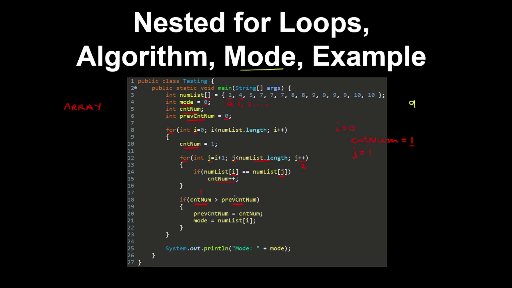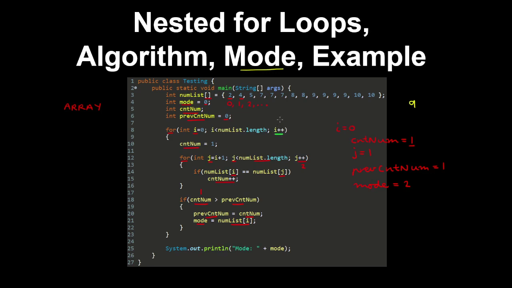And given that this is true, we set the previous counter to the current counter, and we set the mode to be our number in the list at index I. So in this case, our number is 2.